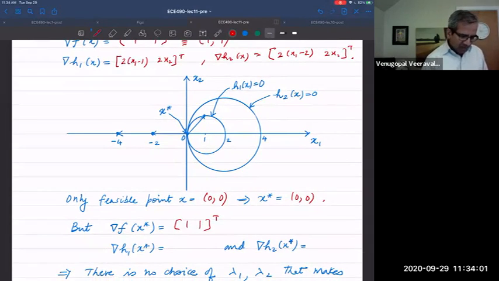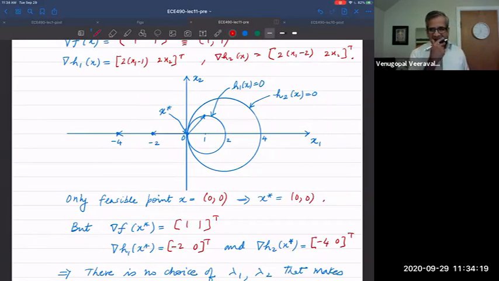The gradient of h1 at x star is -2, 0, and the gradient of h2 is -4, 0. Now let's try to take linear combinations of h1 and h2 and see if we can produce this. Well, there's no way to do it, right? Because the second component of both of these h gradients is 0. So no linear combination of these can produce a 1.